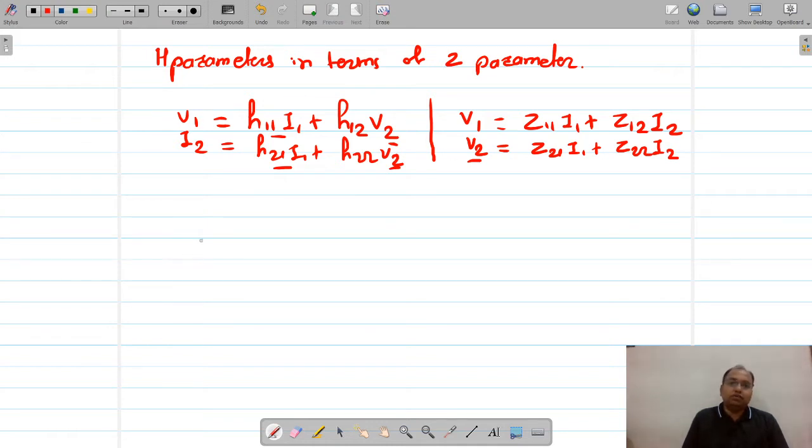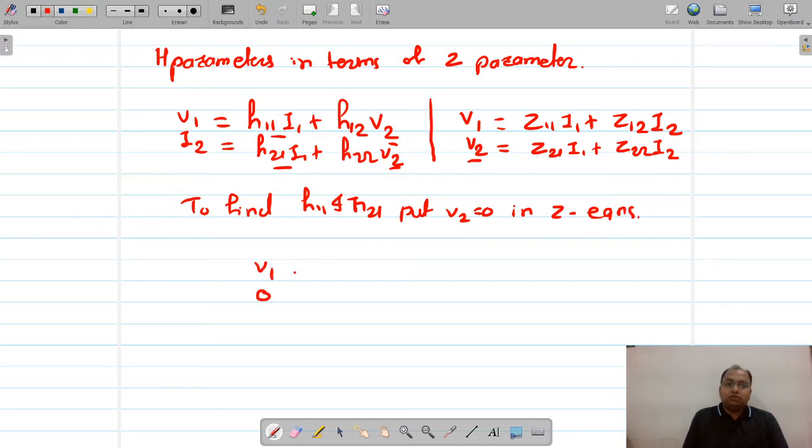So to find h11 and h21, put V2 equals 0 wherever it appears in the z parameter equations. The z parameter equations will get modified after putting V2 equals 0, like this.